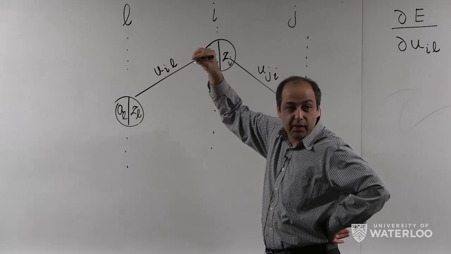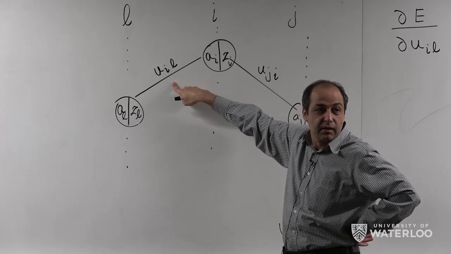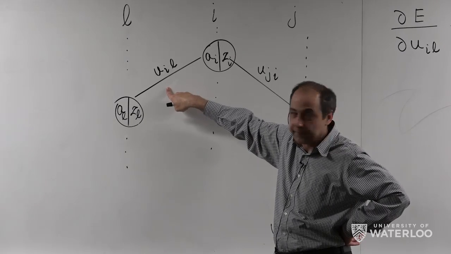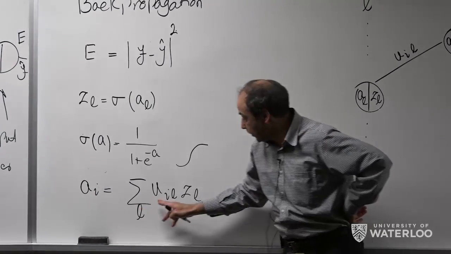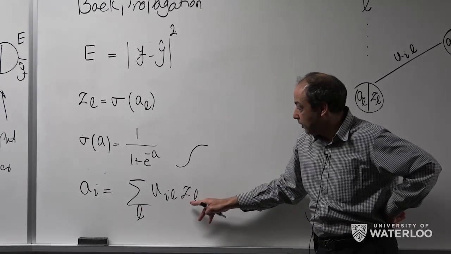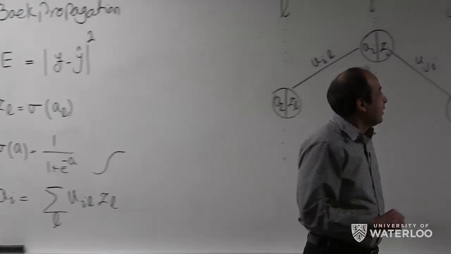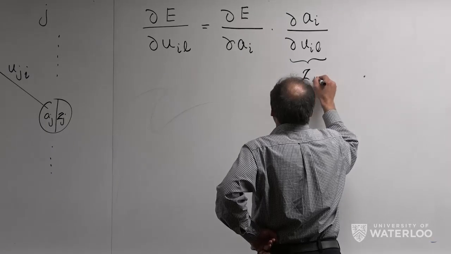I'm taking the derivative of this with respect to this particular weight. It's ZL, right? It's clear here. If I take the derivative of AI with respect to UIL, it's going to be ZL. So basically this second part is just ZL.